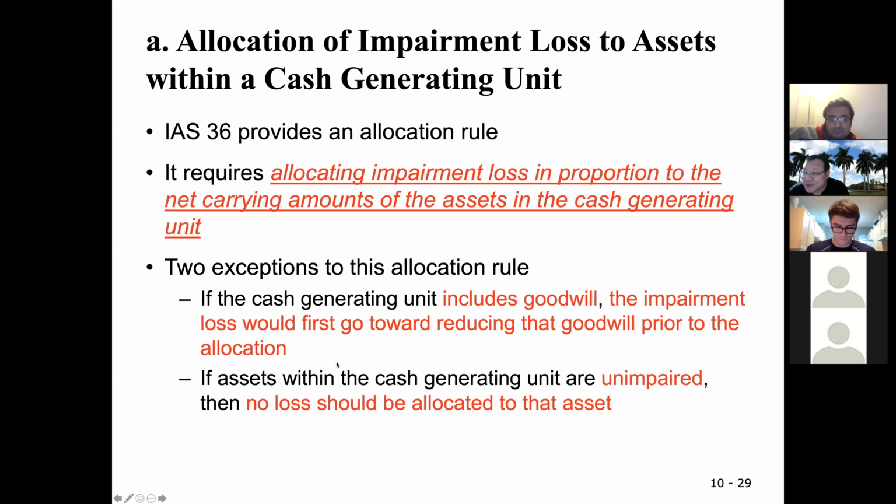The second rule is if an asset is not impaired on its own, no loss should be allocated to it.